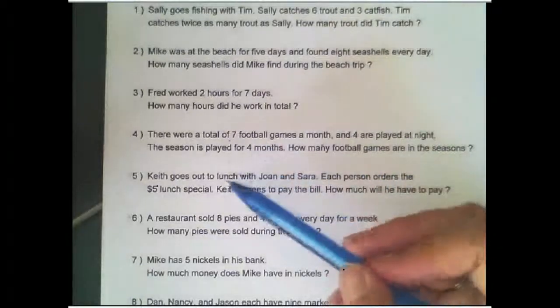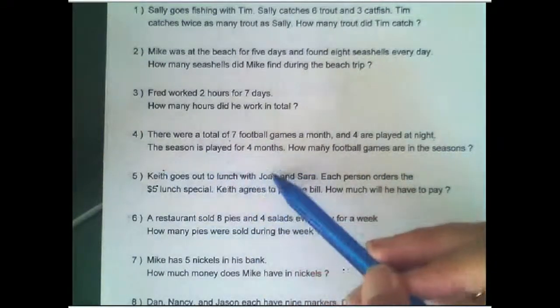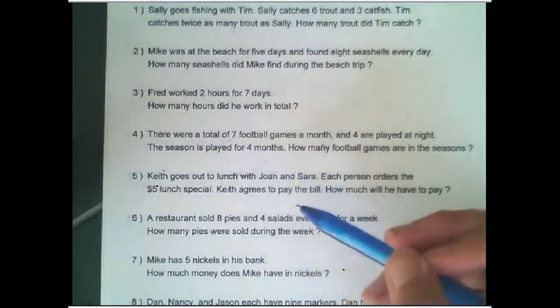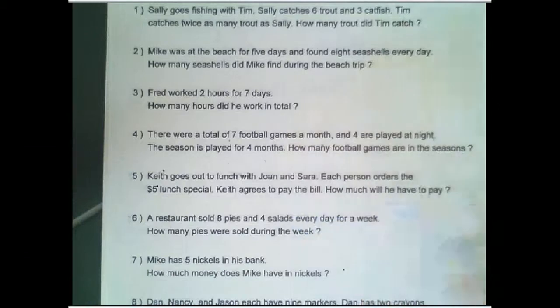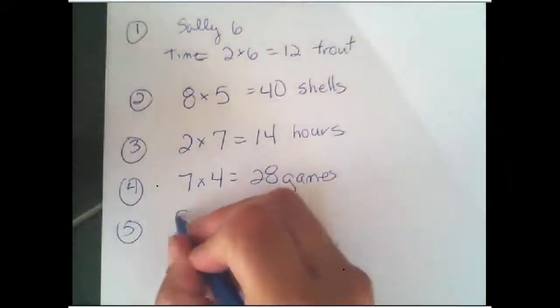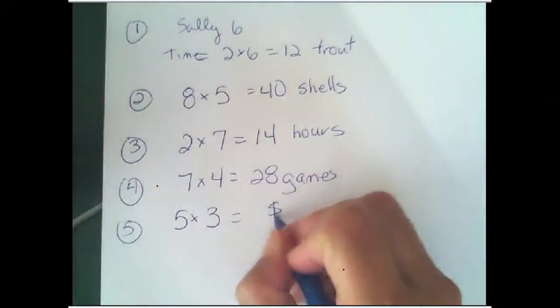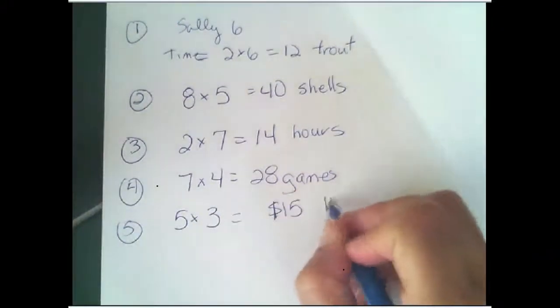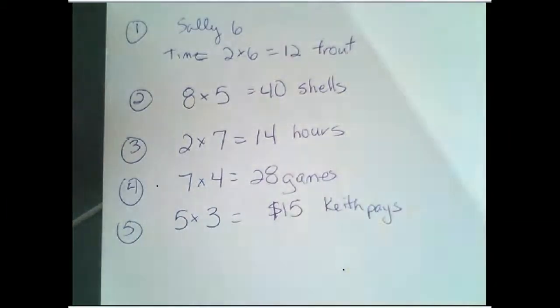So we look back at our problem: Keith is 1, Joan is our second person, and Sarah is our third person. So Keith is buying 3 lunch specials at $5 apiece. We can find the answer by taking that $5 times the 3 people, which is going to give us $15 that Keith pays for lunch.